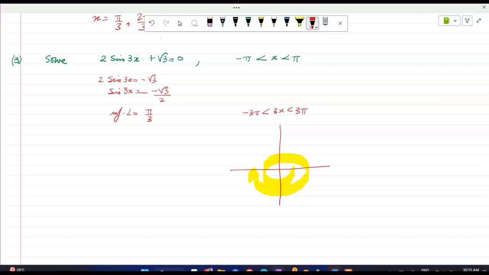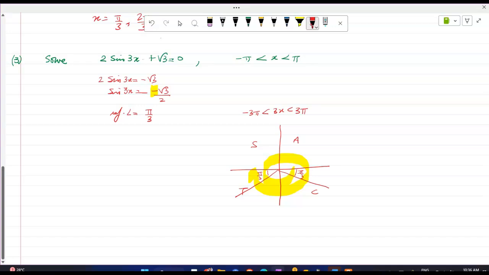So where is the negative I want? This is negative, so I'm looking at this side. So sine is negative. All silver teacups. So sine is negative here and here. Correct? So my reference angle is pi by 3.